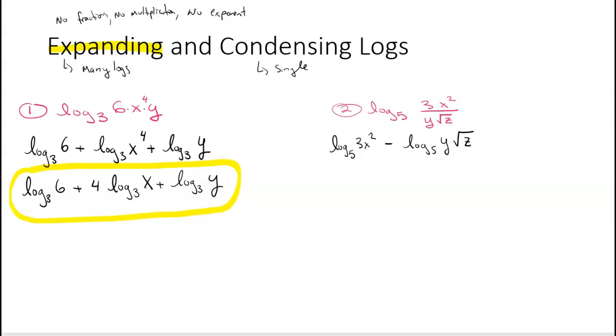I see the 3 is being multiplied by the x squared, so I'm going to break that up using addition. I also see that the y and the z are being multiplied, so I also want to break that up, but I want to make sure that they always stay together.